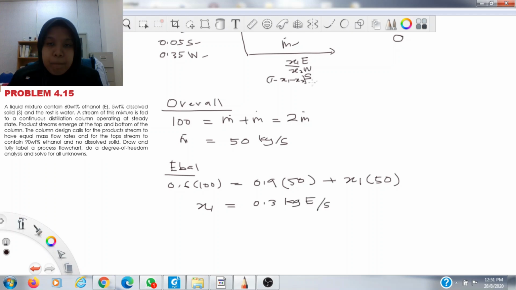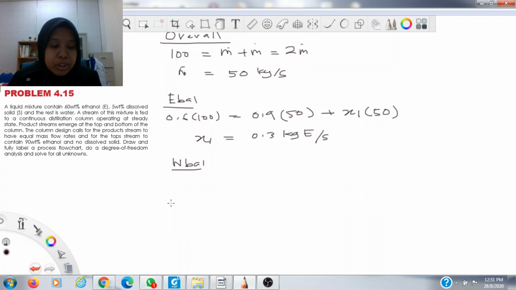We already have X1. Now we want to solve X2. How do we solve X2? We use the water balance. For the water balance, again we use inlet equal to outlet.